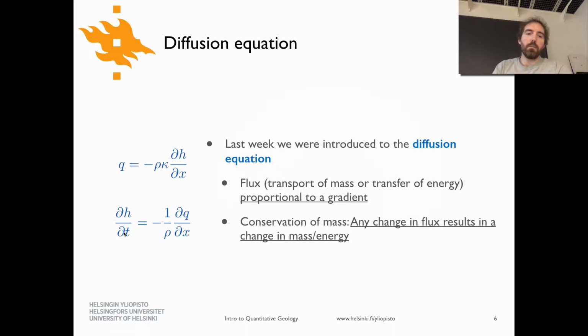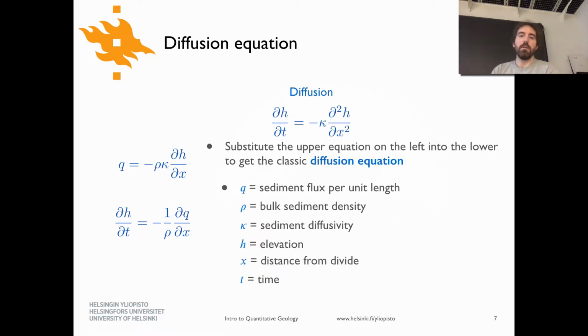And then there was this other component, this conservation of mass component. And you put those two things together, you end up with the diffusion equation that looks like this in terms of its form, where the rate of change of elevation in this case is proportional to the second derivative of elevation.